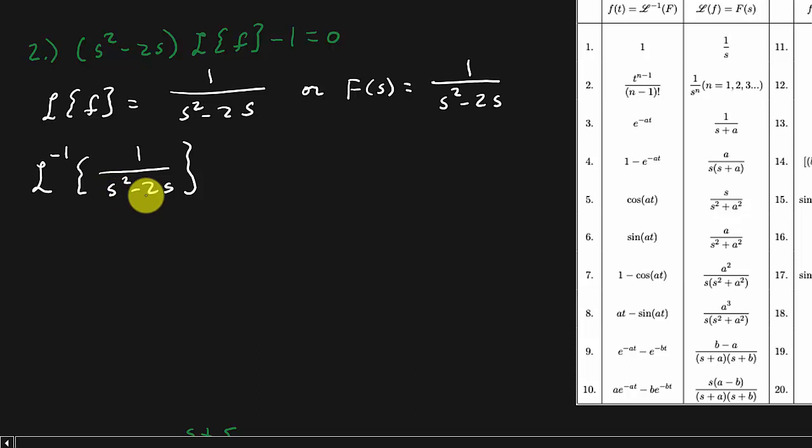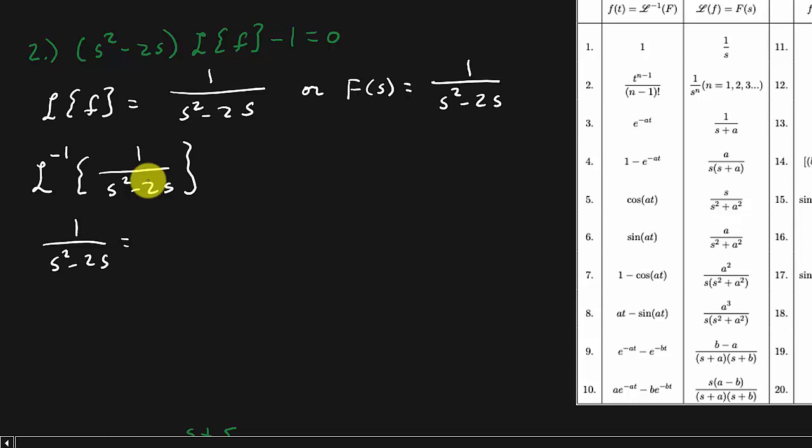There's nothing in there that has that. But let's do this. Let's take the 1 over s squared minus 2s. Now, all I'm going to do is rewrite this thing.